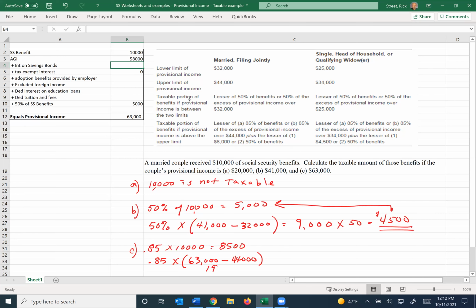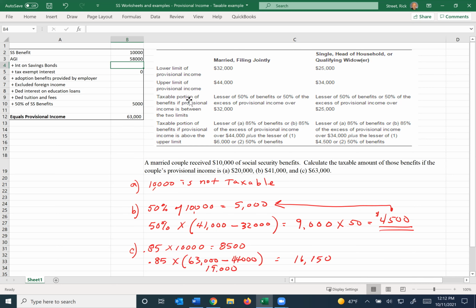This equals 19,000. So let's take 85% of that. And that equals 16,150.